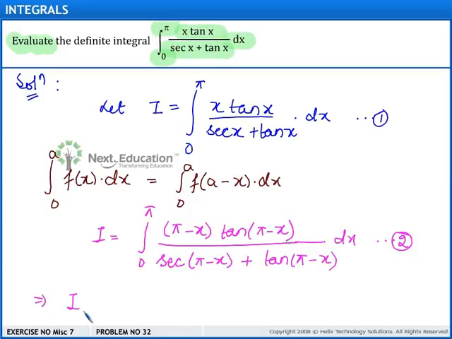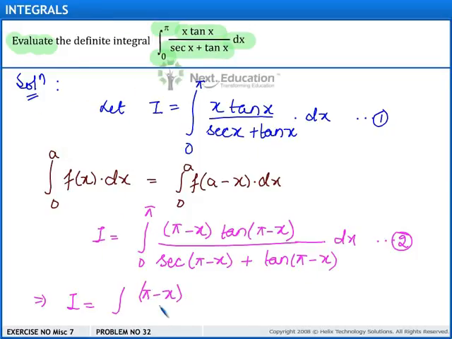This implies that I is equal to the integral of (pi minus x), and tan(pi minus x) is minus tan x. So taking the minus sign here, we have tan x divided by sec(pi minus x), which is minus sec x, plus tan(pi minus x), which is minus tan x.